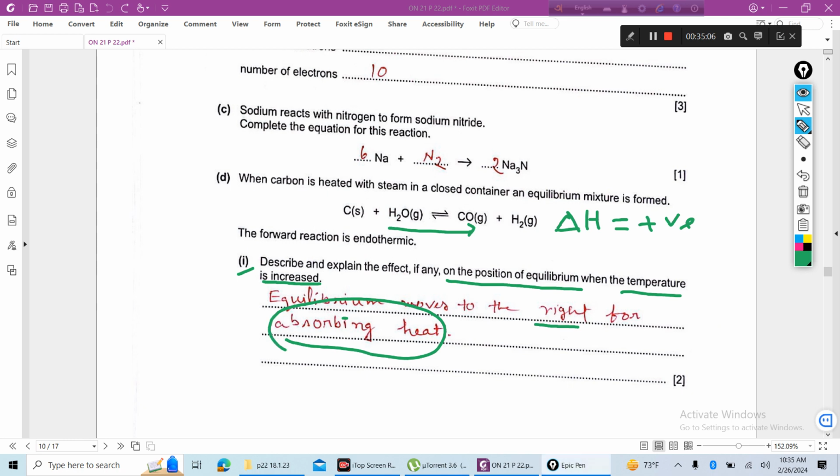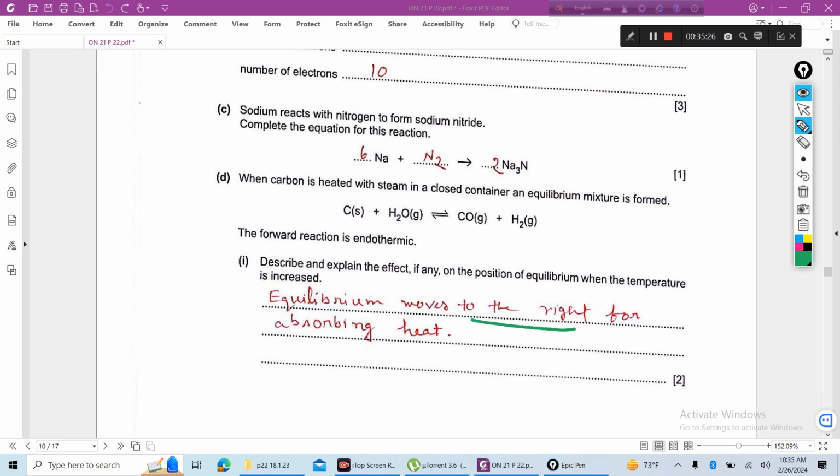To absorb heat. If you increase temperature, the reaction will try to decrease temperature, to absorb heat. As this is an endothermic reaction, if it goes left to right, it will absorb heat. That's why the answer will be left to right, for absorbing heat, to take in heat, to decrease the temperature.